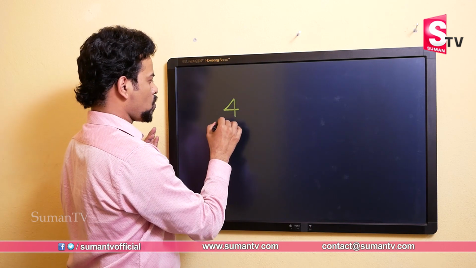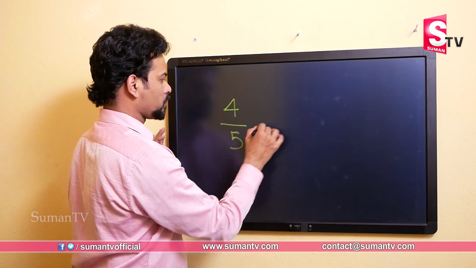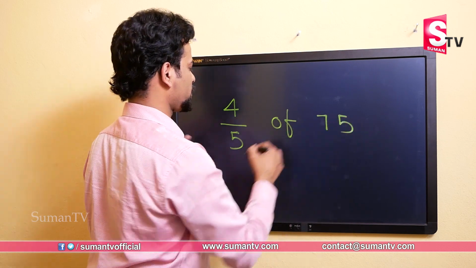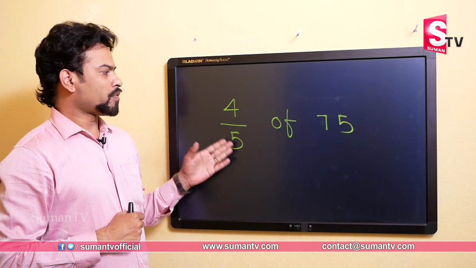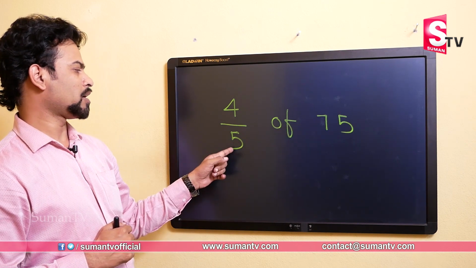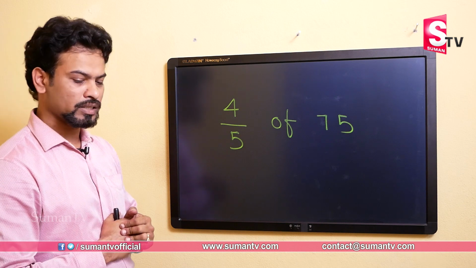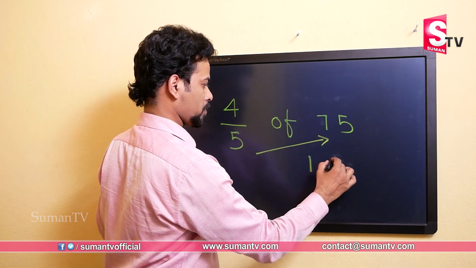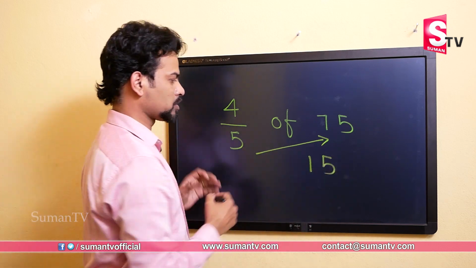This is 4 divided by 5 of 75. 4 by 5 of 75. So we know 75 and 5, how much it is? This is 15.